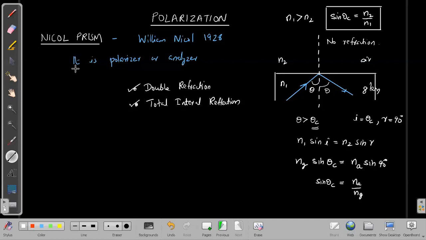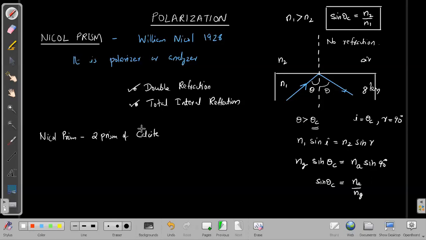Okay, now we can discuss what actually a Nicol prism is. So Nicol prism basically consisting of two prism made up of calcite. Okay, so Nicol prism contain two prism of calcite. Okay.